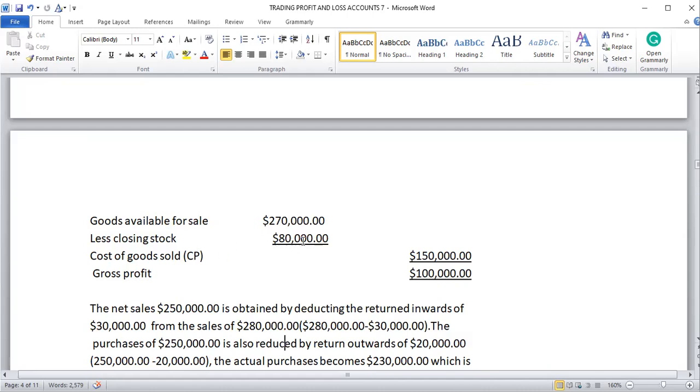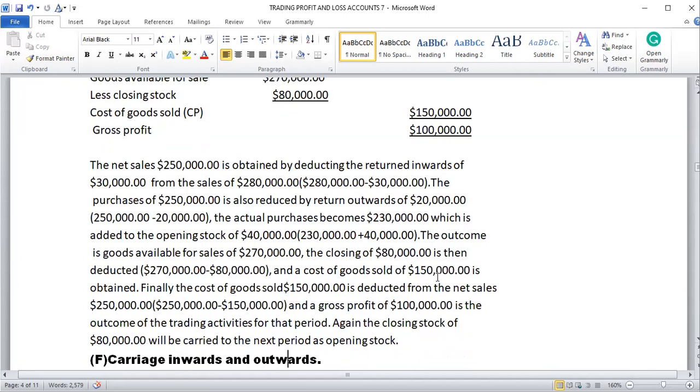Then we deduct the closing stock, we get cost of goods sold $150,000. So that's what I'm explaining here. The actual purchases become $230,000, which is added to the opening stock of $40,000. So $230,000 plus $40,000, the outcome is goods available for sale of $270,000. The closing stock of $80,000 is then deducted.